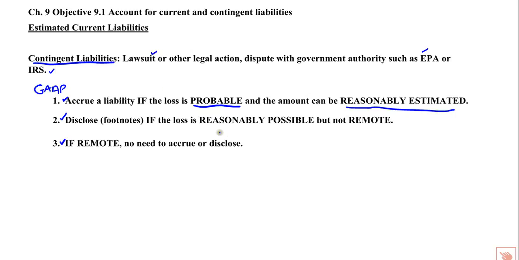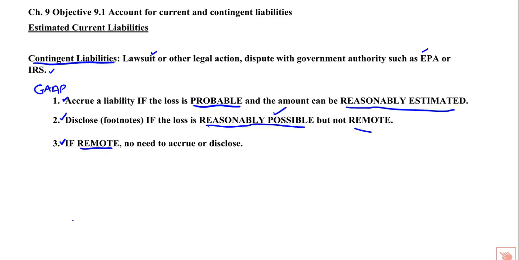If it's reasonably possible, and once again, this is all caps because it is a specific accounting term, but not remote, then you'll disclose it. Reasonably possible is something less than probable and something greater than remote. That's the best I can help you with right now. And remote is also a part of GAAP.